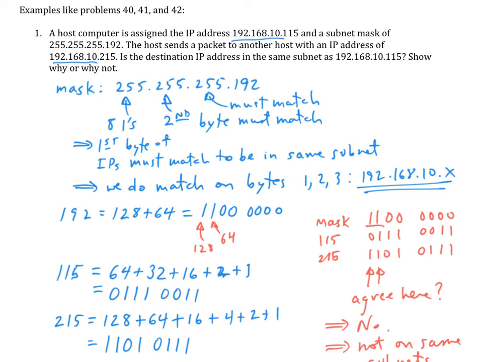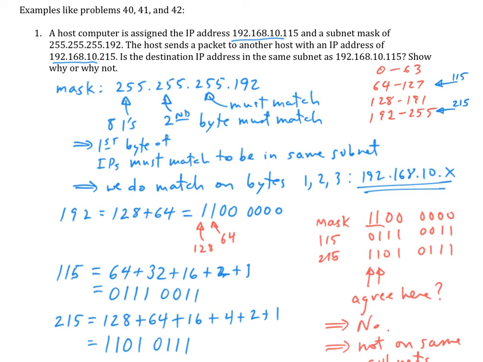They are in the ranges of 0 to 63, 64 to 127, 128 to 191, counting by 64s, and 192 to 255. We can see that 115 is in this range here, and that 215 is in this range here. And so they're not in the same subnet.